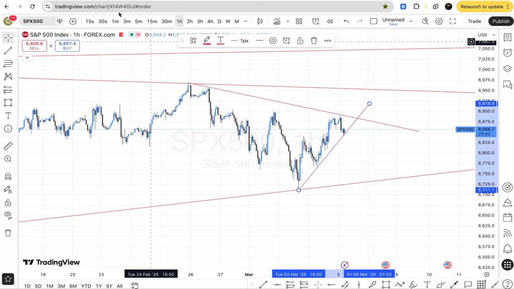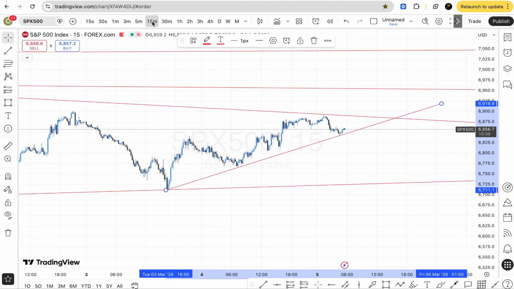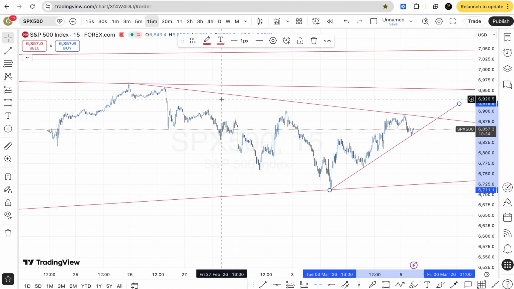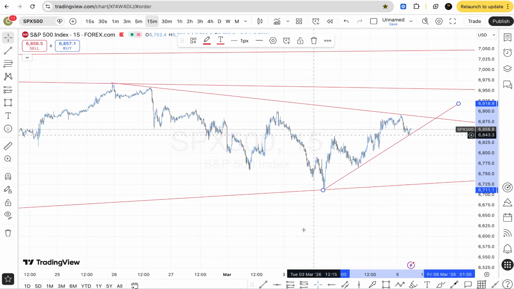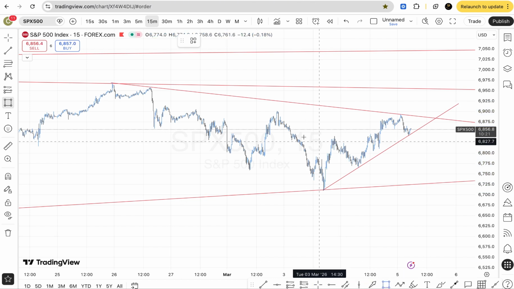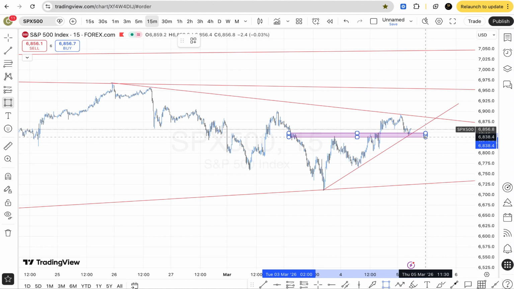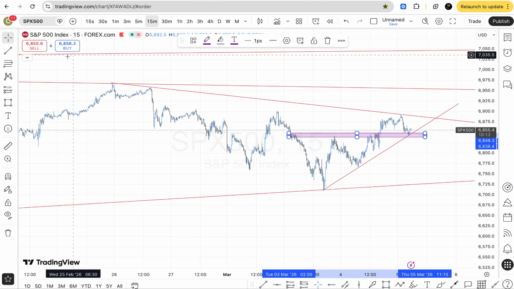All right, going down to our 15 minutes time frame, before I turn on the indicator, let's see if we can map out any support and resistance zones. This is a support and resistance zone. There is also one where the market is currently at. So there's a support here. So I think the market is actually at the key level right now.